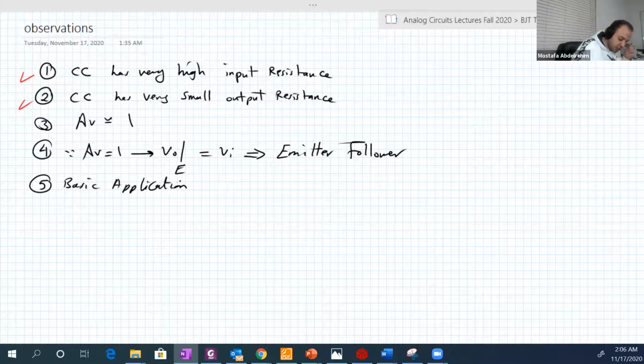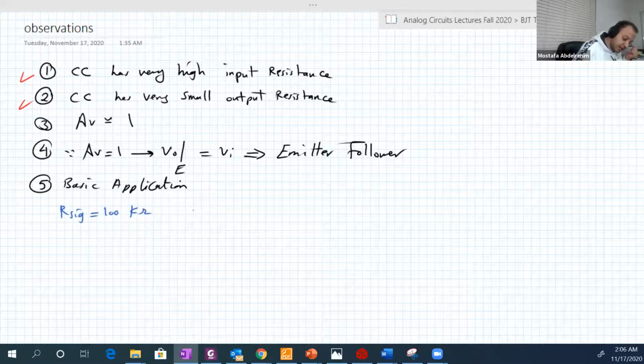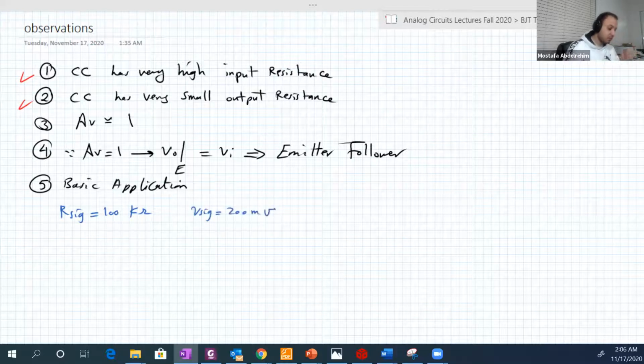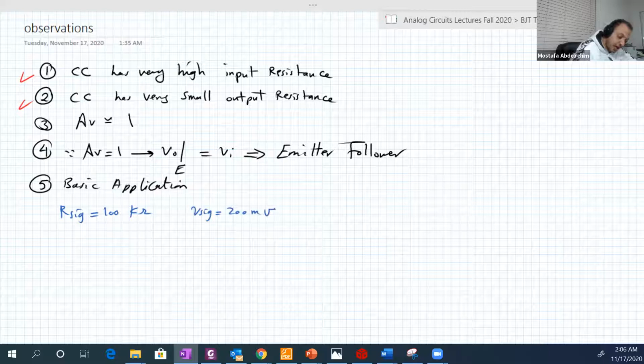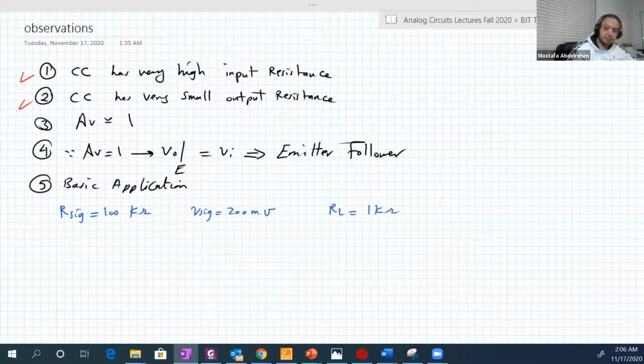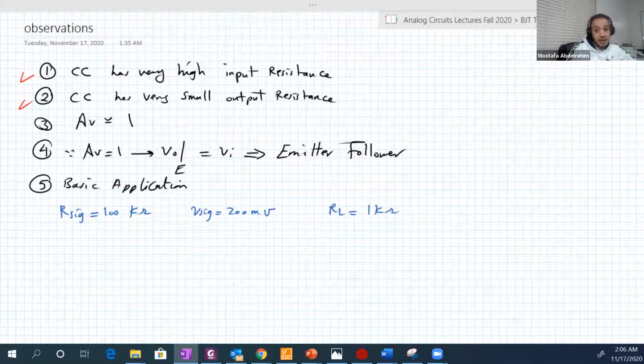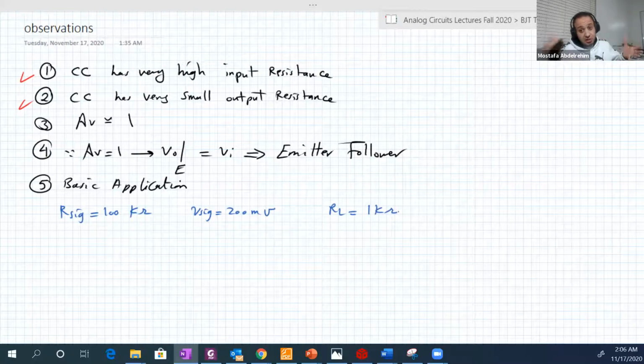So let's assume that we have a source with an internal resistance equal to 100 kilo ohms, and the source signal voltage is 200 millivolt, and our load is equal to 1 kilo ohm. Let's see, if we just connect this load to the source, what's going to happen? What will be the output voltage?